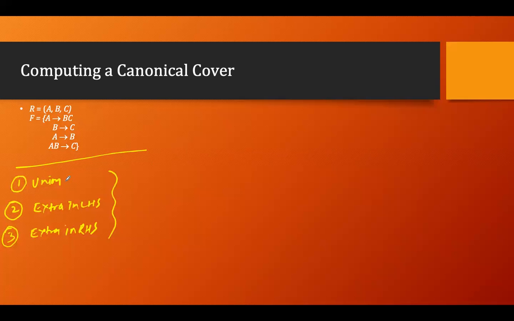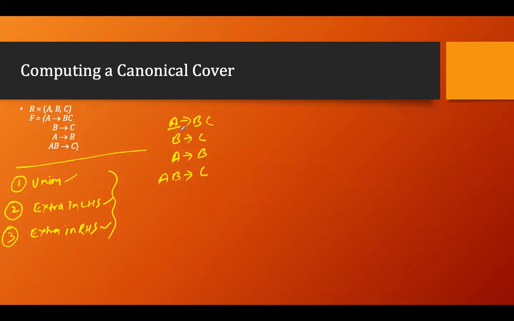So these are the steps that we have to follow. We perform the union operation, then find the extra in the left hand side, and then the extra in the right hand side. Now, we have A determine BC, B determine C, A determine B, and AB determine C. Can we make a union operation here?